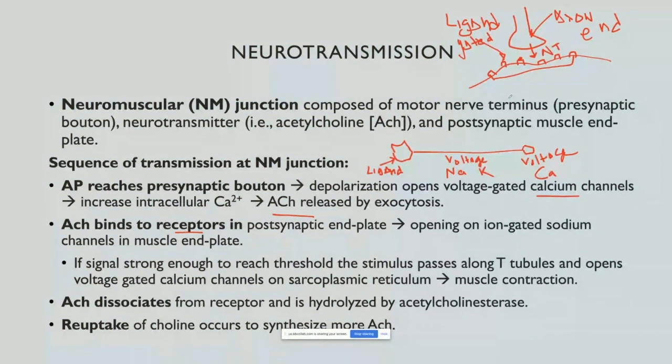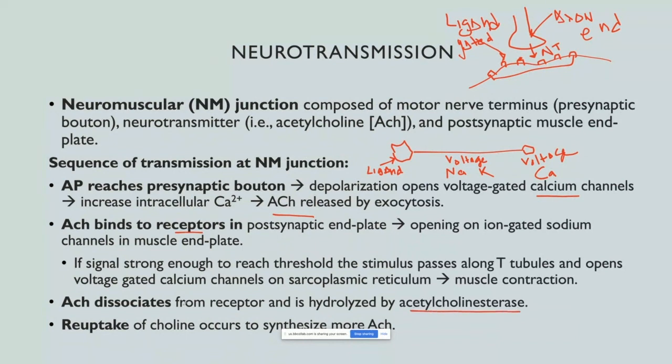Now, we can't forget something. All of this was initiated by acetylcholine binding there. And we don't want to have muscle contractions that last forever. So we need to do something with this acetylcholine, with this neurotransmitter. In the case of acetylcholine, there is an enzyme in the synaptic cleft that is called acetylcholinesterase.